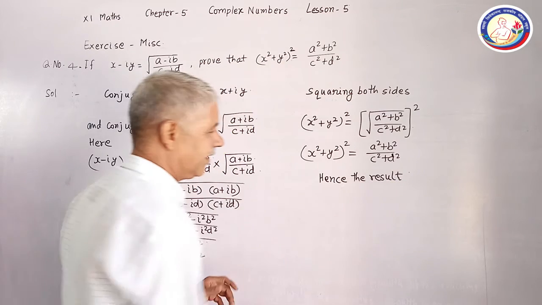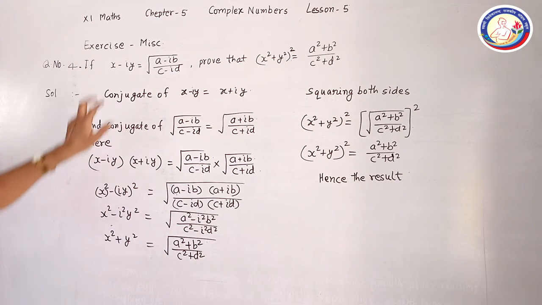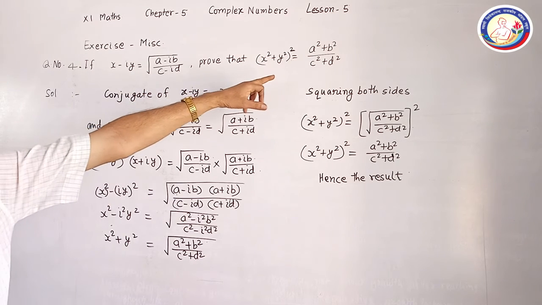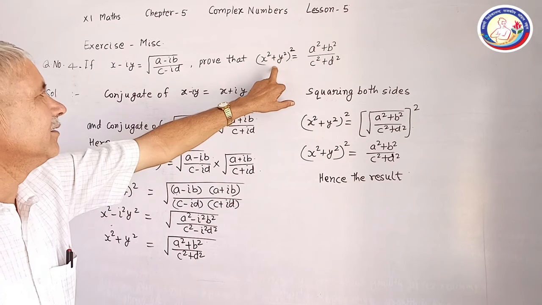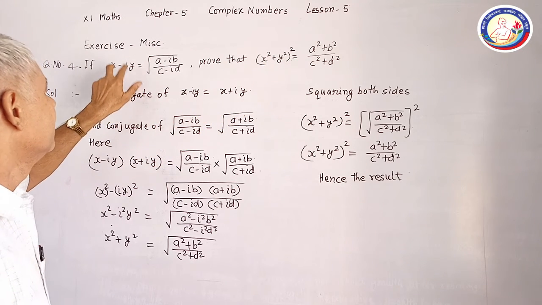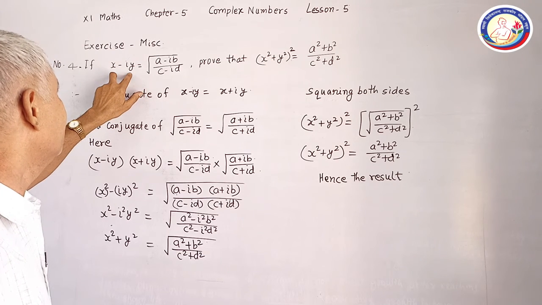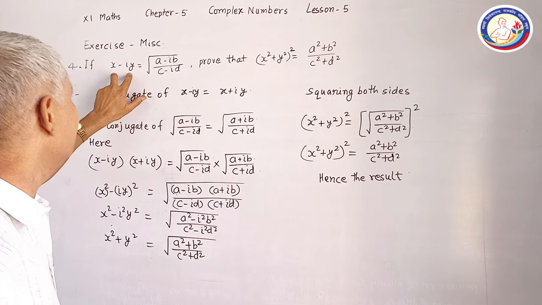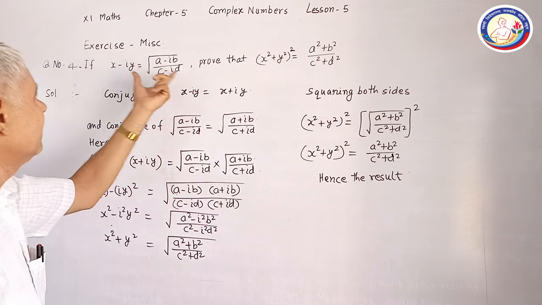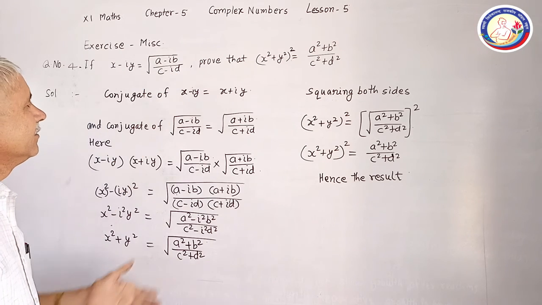I am explaining it again. We have tried in different ways. If we square this, we are not going to obtain this result. If we find modulus of this, we can easily obtain x square plus y square, but finding modulus of this is too much difficult.